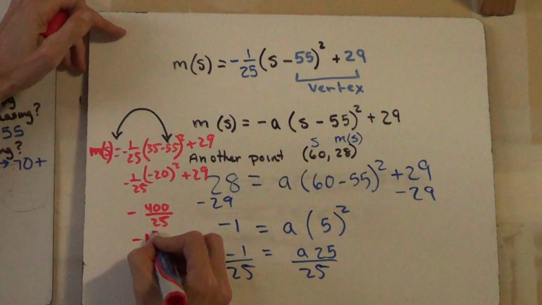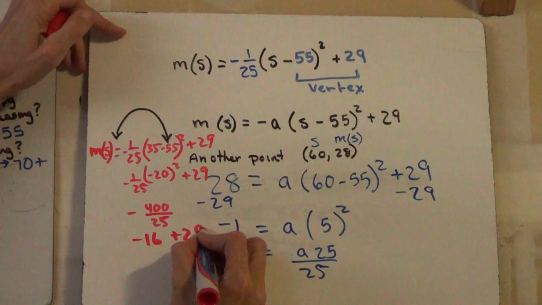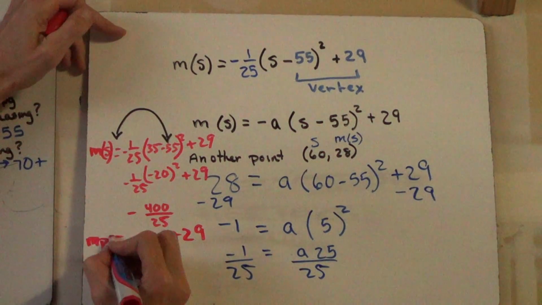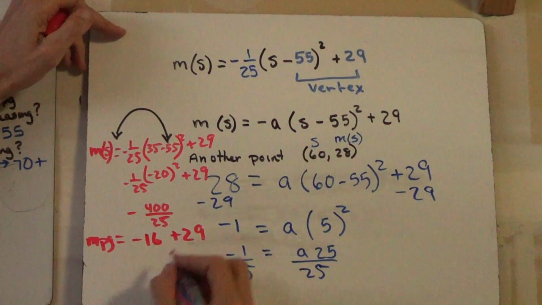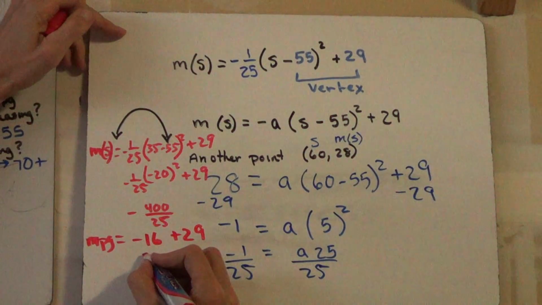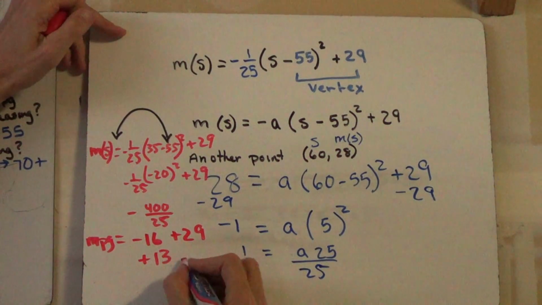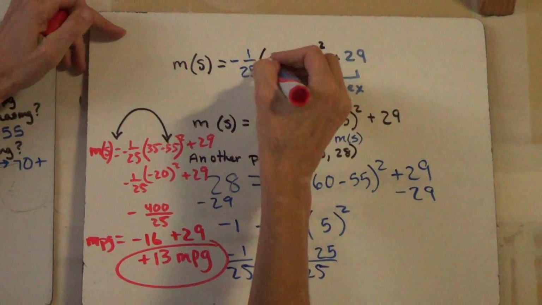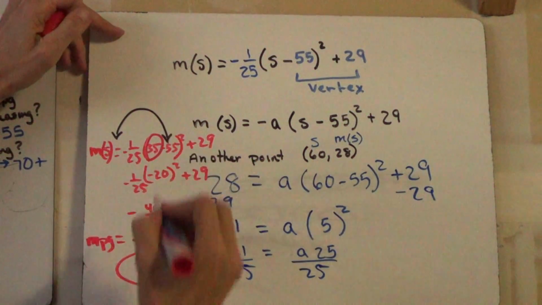So negative 16 plus 29 equals my miles per gallon. So negative 16 and a positive 29 would be positive 13. So we're getting 13 miles per gallon when we travel at 35 miles per hour.